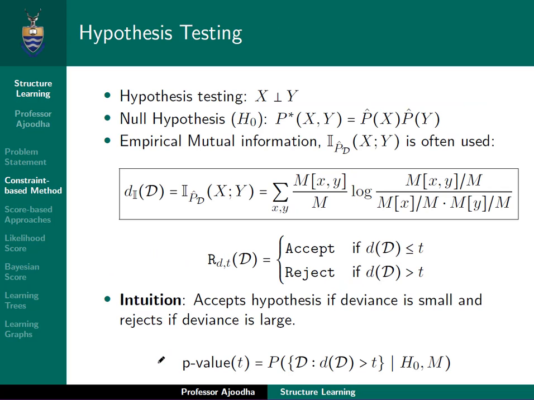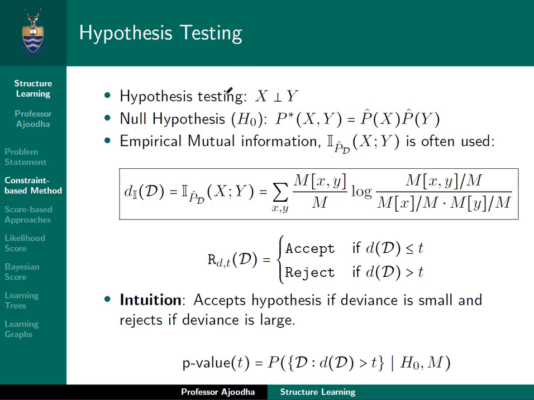So let's see how this is actually done. We're now going to run a constraint-based method to learn the structure of a graphical model, and we first need to define a few things. The first is the notion of hypothesis testing.